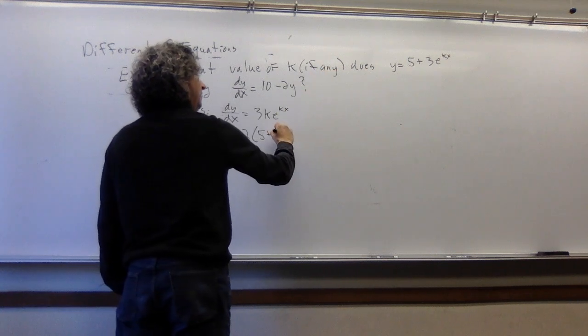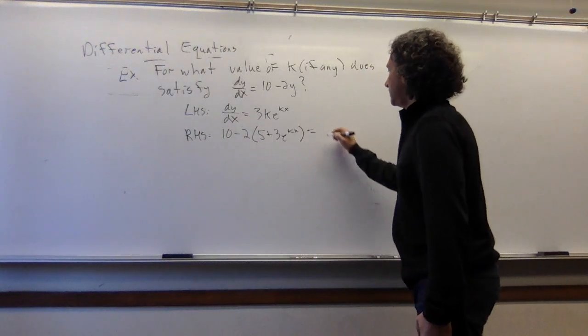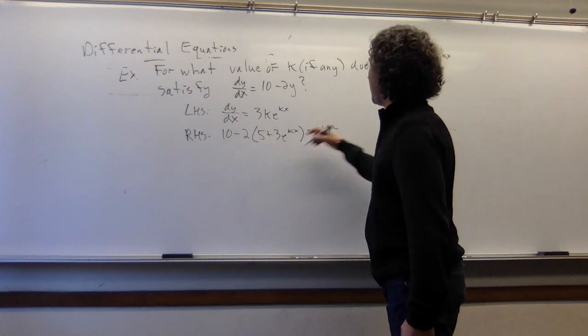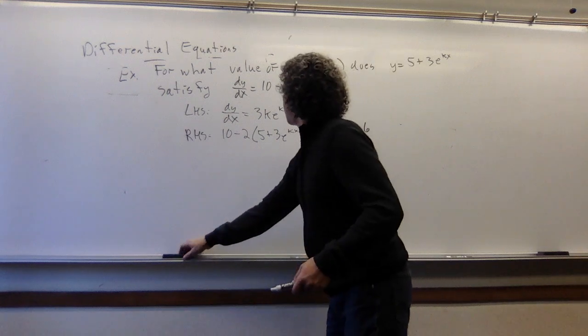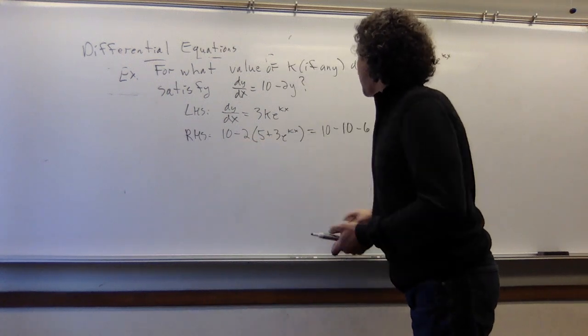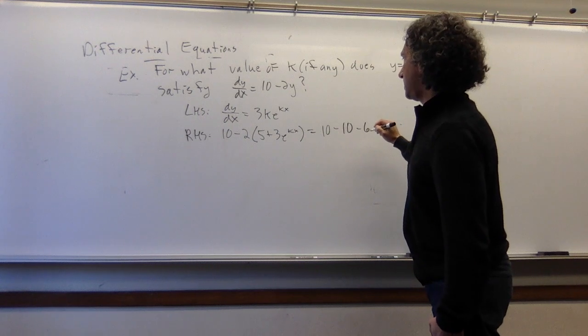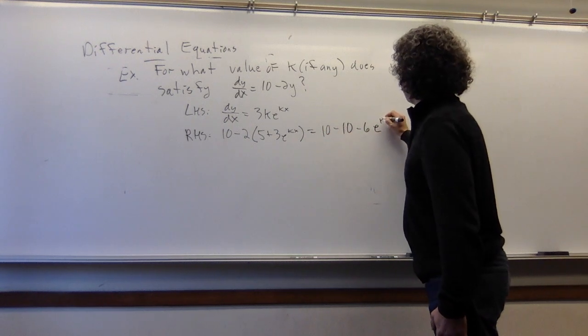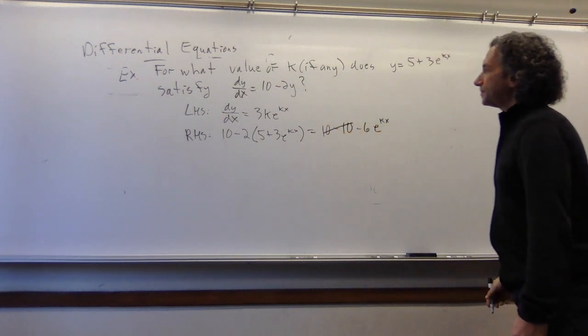And the y is the 5 plus 3 e to the kx. So that's the same thing as 10 minus 10 minus 6e to the kx. Okay, and the 10s cancel.